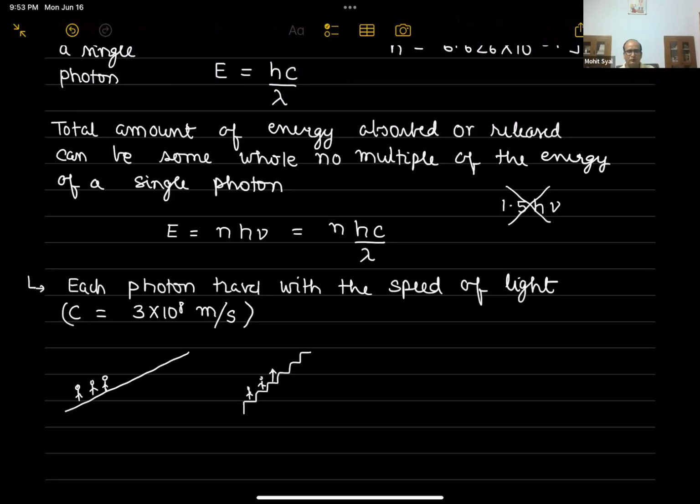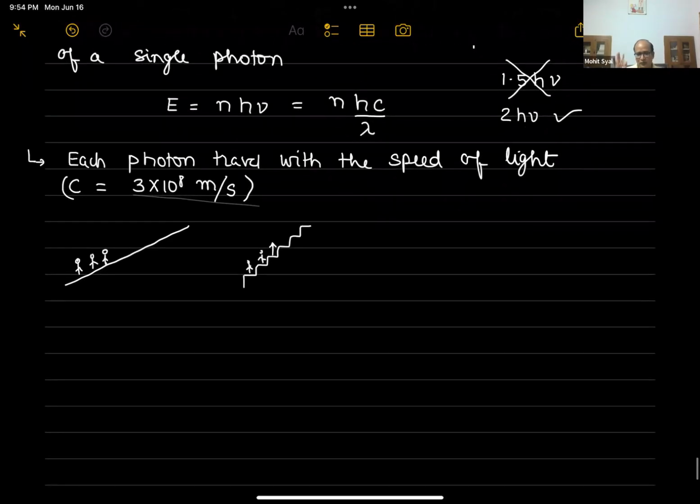No. Can we have energy of 1.5 photons? No. Can we have energy of 2 photons? Yes. So those complete packets of energy can be either received or released by any atom or any source of light. That is the quantum nature of light. Got it? Quantum means it is changing in steps, in integral whole number multiples of the energy of one particle. So I hope this is clear to everyone.